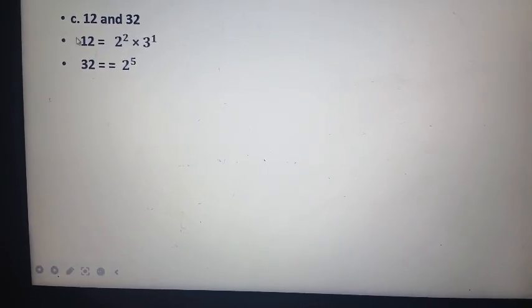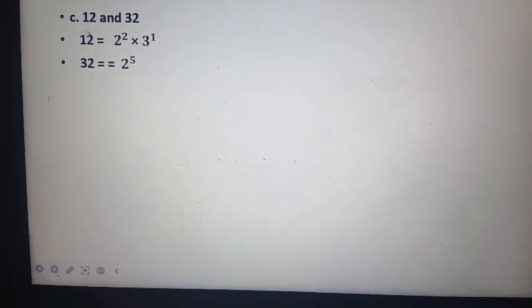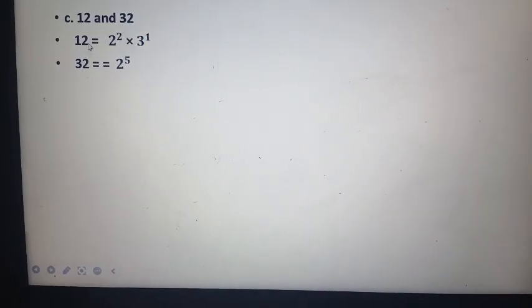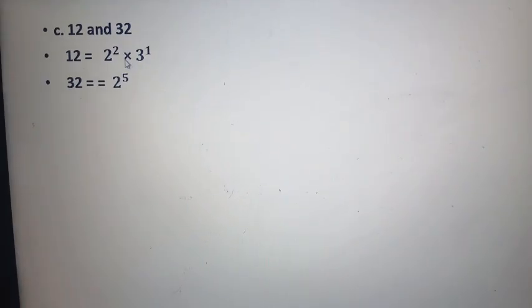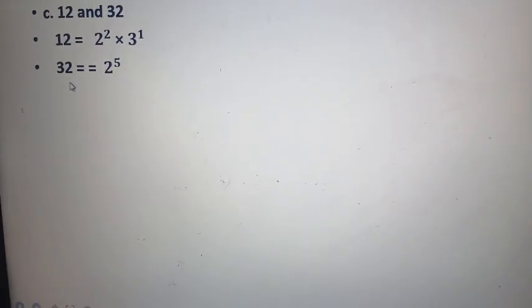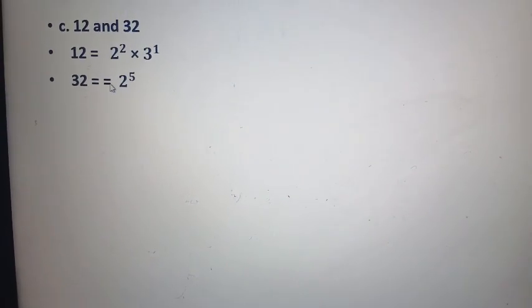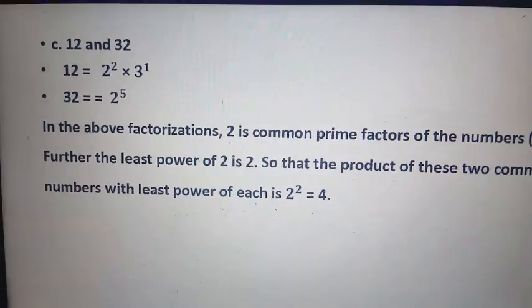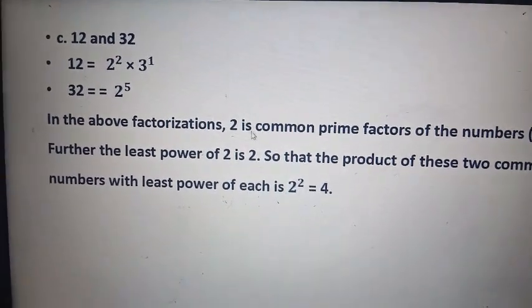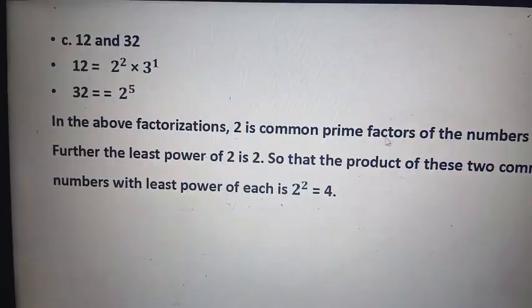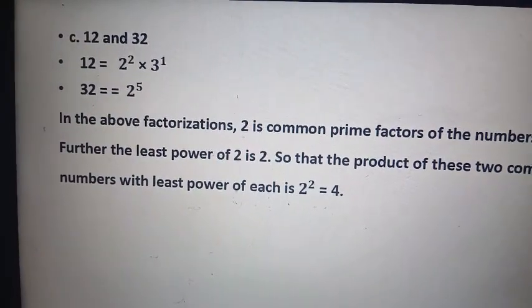When we express 12 in prime factorization form, 12 means 4 times 3, so it is 2 squared times 3. 32 is 2 to the power of 5. So in the above factorization, 2 is the common prime factor of the numbers 12 and 32.